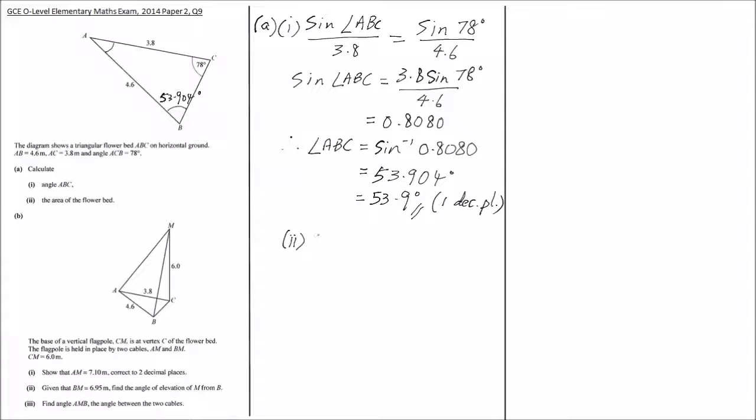So angle BAC is 180 minus 78 minus 53.904.